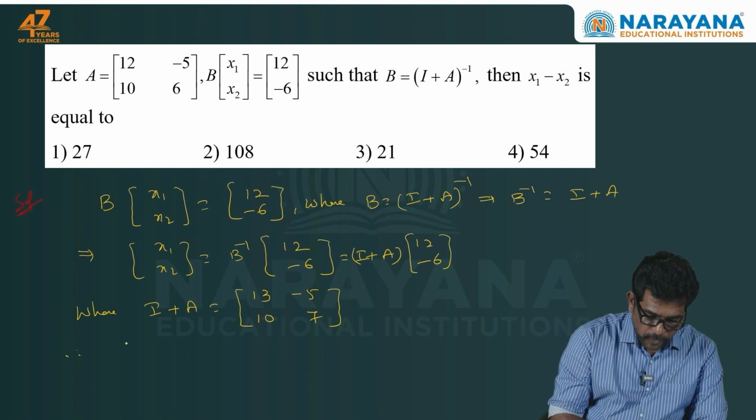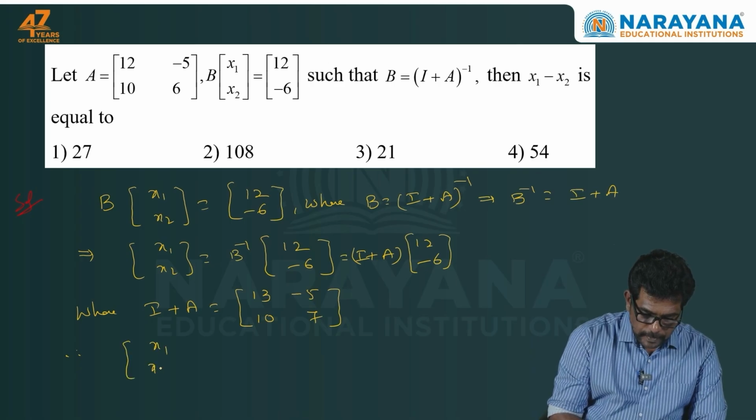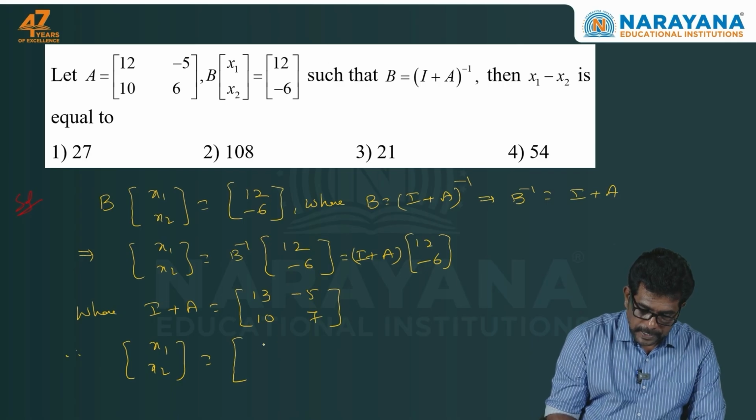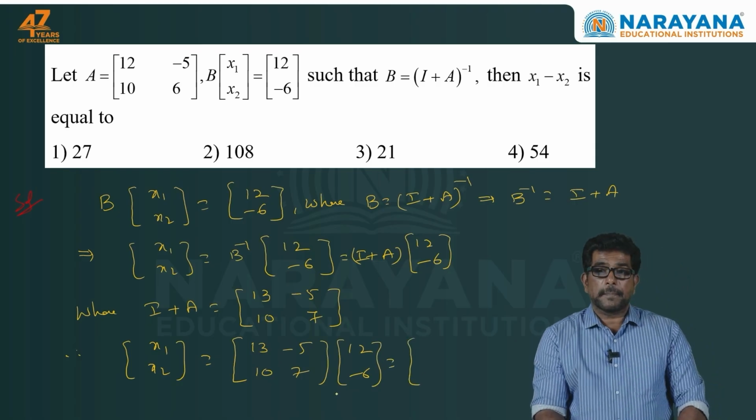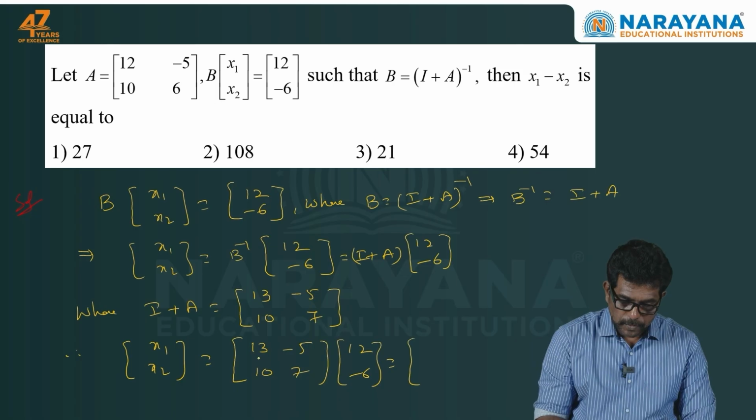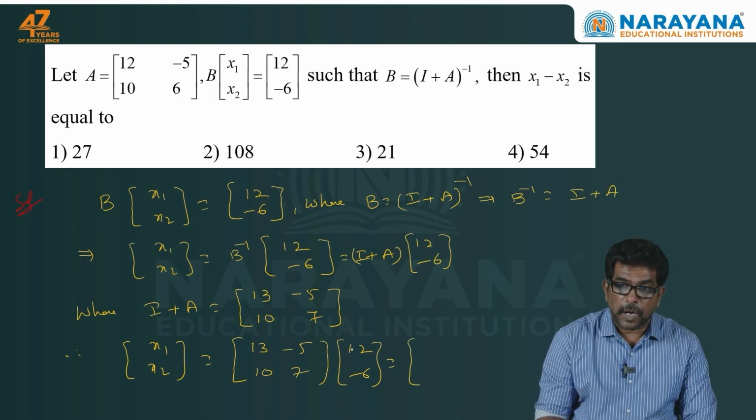So therefore, matrix x1, x2 is equal to, I plus A matrix is 13 minus 5, 10, 7 into 12 minus 6. Now by simplifying this one, this is matrix multiplication. You know, we are multiplying row and column wise.